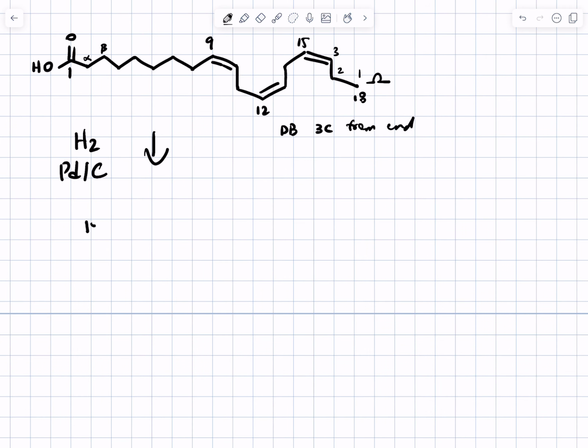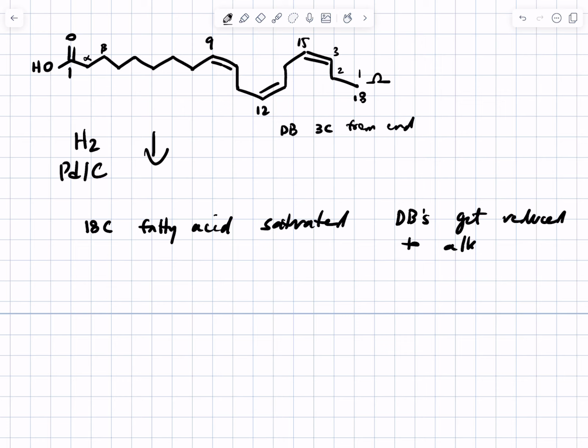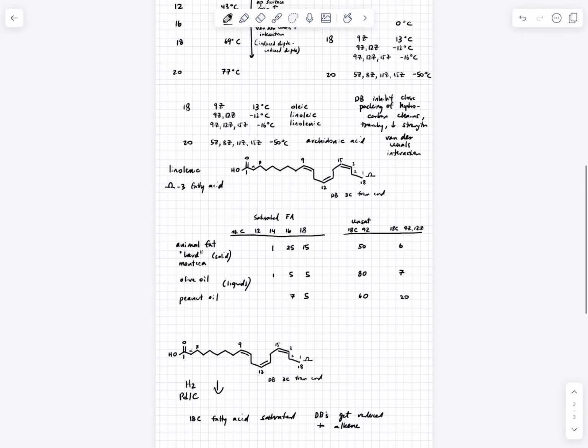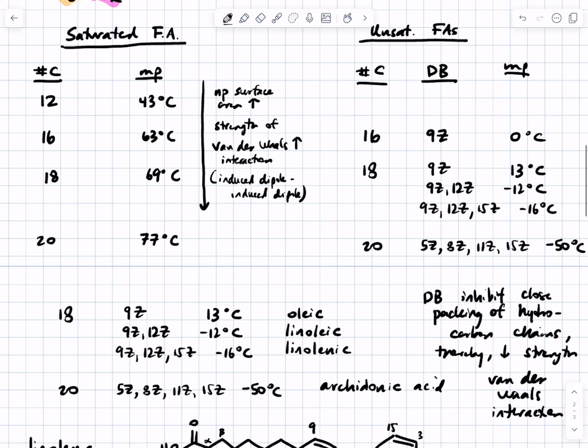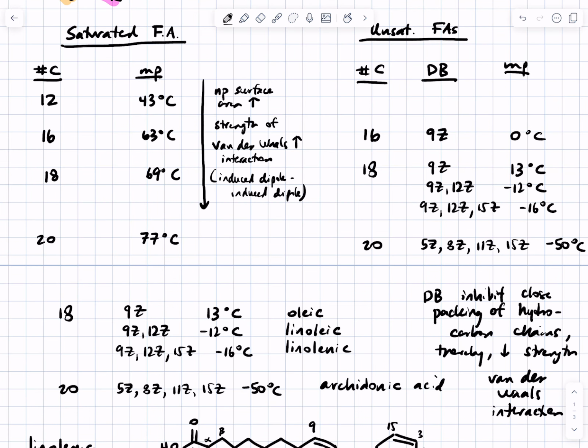What do you get? You get the 18 carbon fatty acid that is saturated, right? I'm not going to draw it, but all the double bonds get reduced to alkanes. What would that do to the physical properties of the fatty acid? Reduction from the alkene to the alkane. Melting temperature increases. Now it's a solid, right?